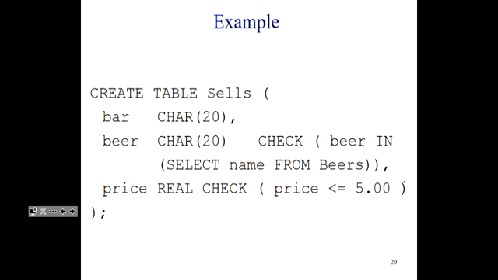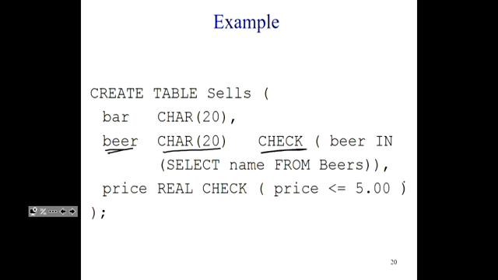Here I'm showing you an attribute-based check which has roughly the same effect as a foreign key constraint. So here you have beer, which is defined to be a char with 20 characters.